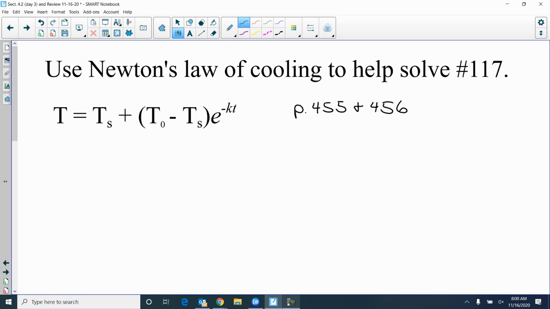All right, when doing this here, T sub S is the surrounding temperature. That is the surrounding temperature. T sub O, or T sub 0, is the original temp.